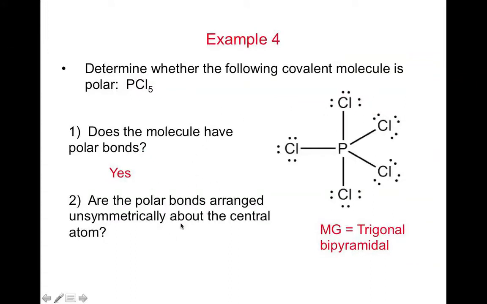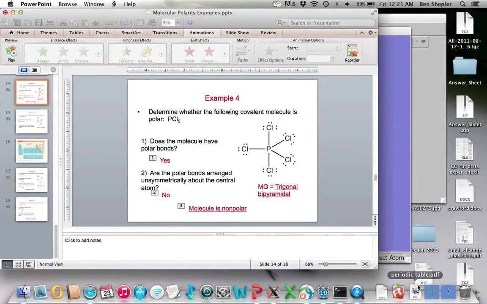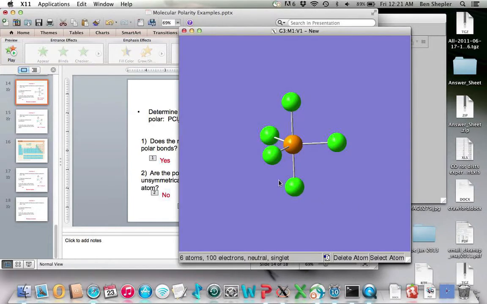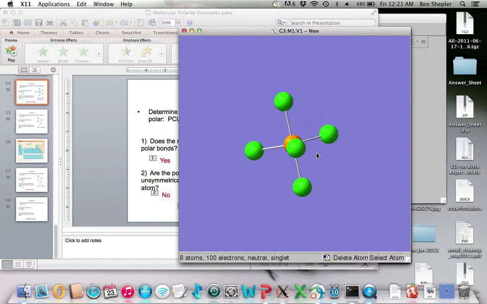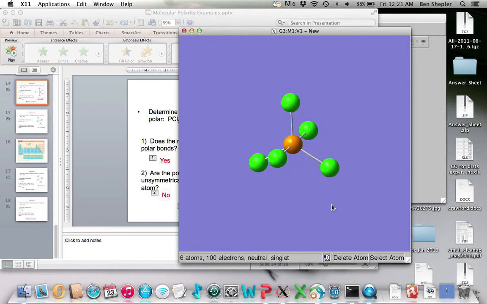Let's see what the molecule looks like. So I've got my PCl5 here. And so when I don't have any lone pairs for any of the electron geometries, as long as all the terminal atoms are the same, they're always going to be symmetrical, right? My 3 guys in the equatorial plane kind of look like a trigonal planar molecule.